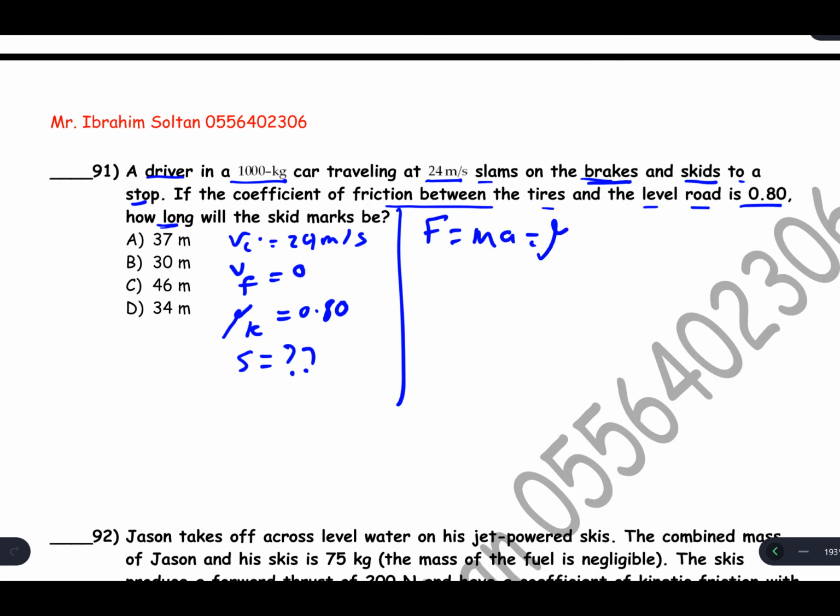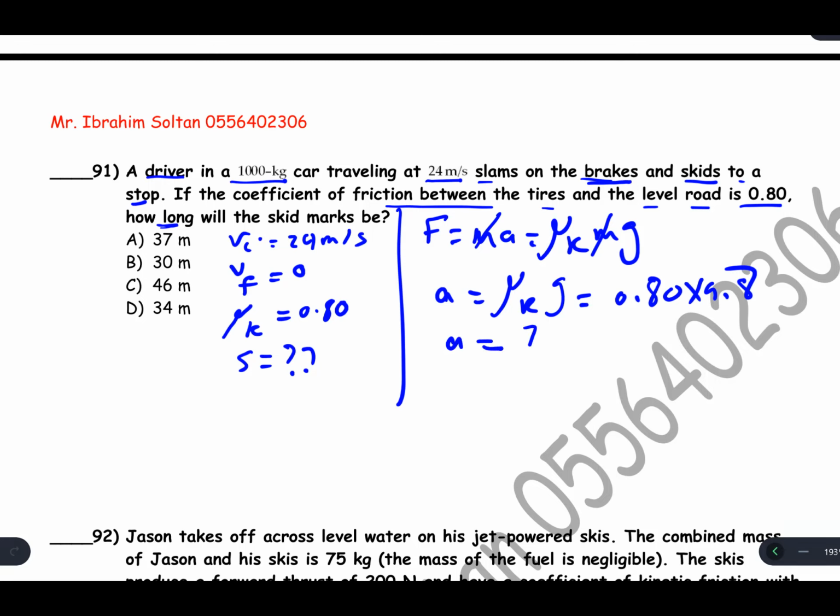F equals ma equals mu k mg. So m goes with m, so a equals mu k g equals 0.80 times 9.8. So acceleration equals 7.84 meter per second squared.